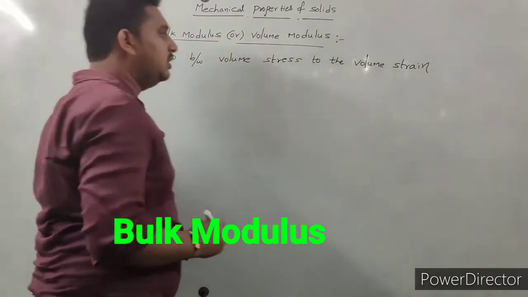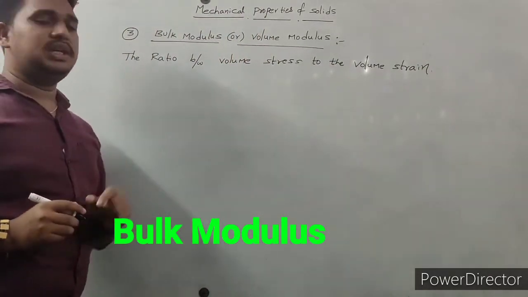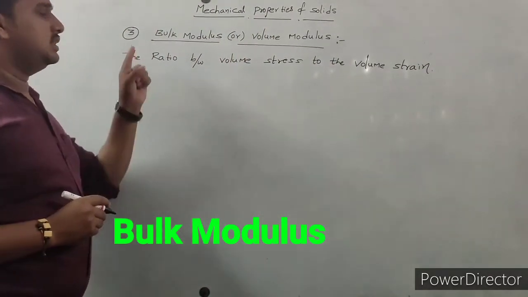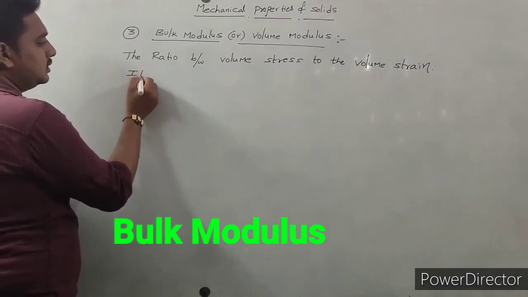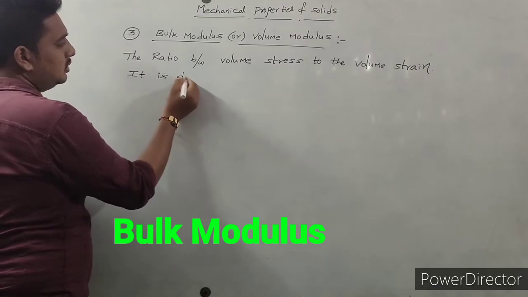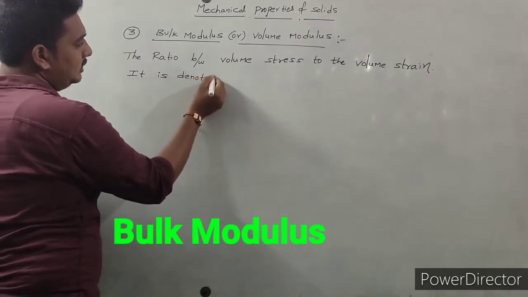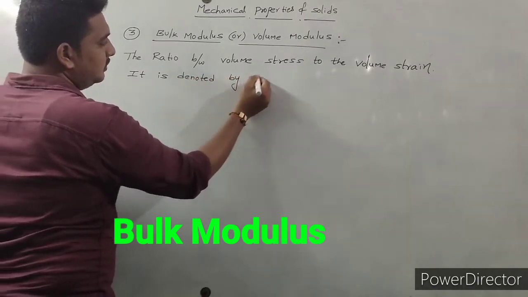The ratio between volume stress to the volume strain is called bulk modulus. It is denoted by K.